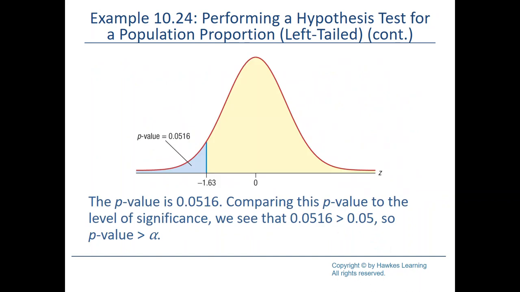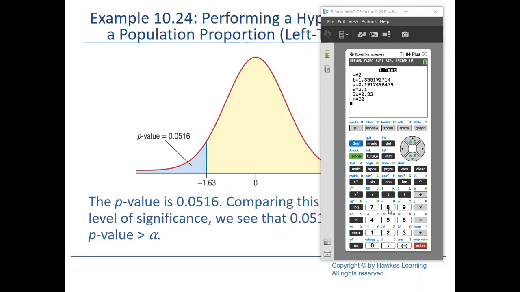Now, if you are going to use your table here, again, remind yourself your table only does show the area to the left, and you already have that z value, so you can take that z value, look it up on the table, and you should get this p-value back out. If you're going to use your calculator, hang on a second, I'm going to show you what you're going to do in your calculator. So in my calculator, if I'm just calculating the probability, so kind of figuring out what that p-value is, I can say second vars. Again, this is if I'm looking for a probability. Probability comes from basically this number 2 for a normal type shape.